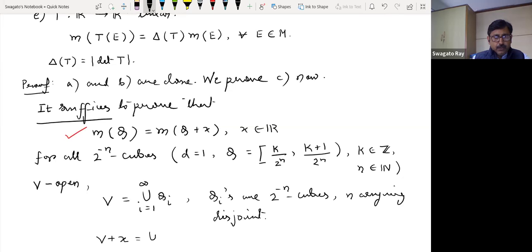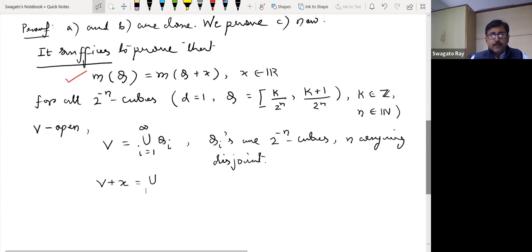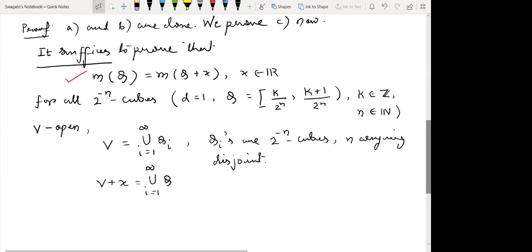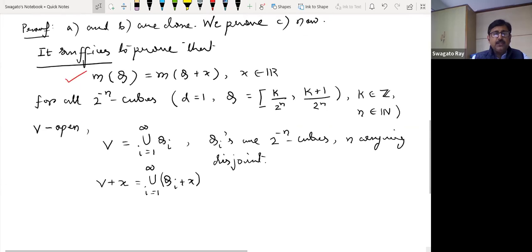So what is then your V plus X? This is simply the union over i from 1 to infinity of Qi plus X. Since the Qi's are disjoint, Qi plus X is also disjoint because X is fixed.